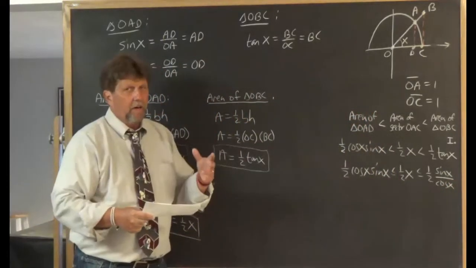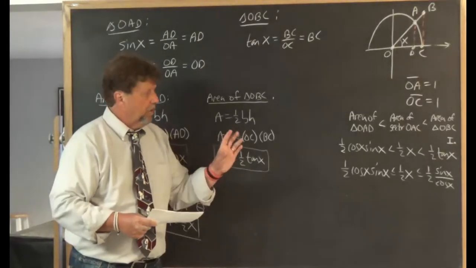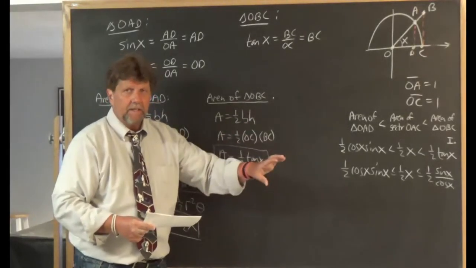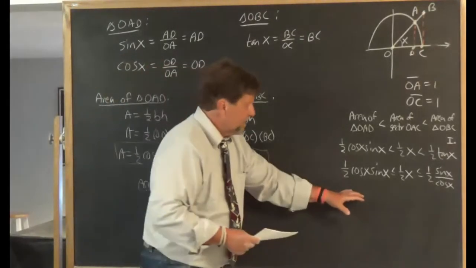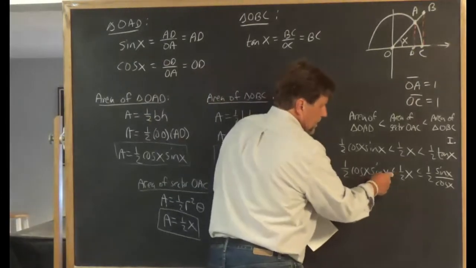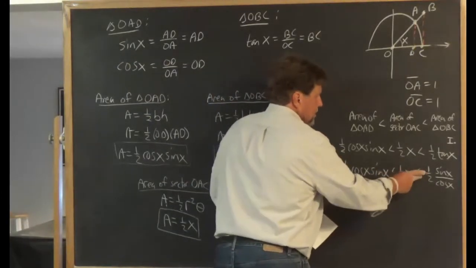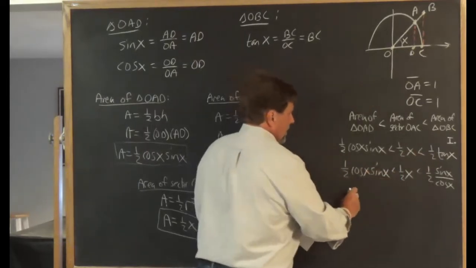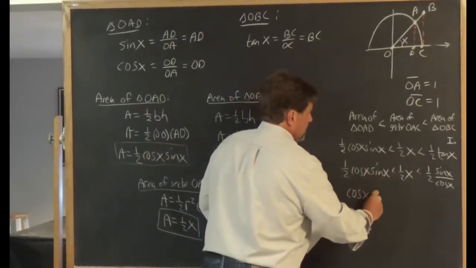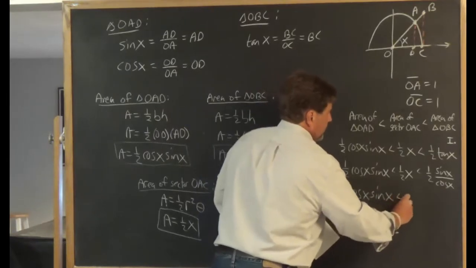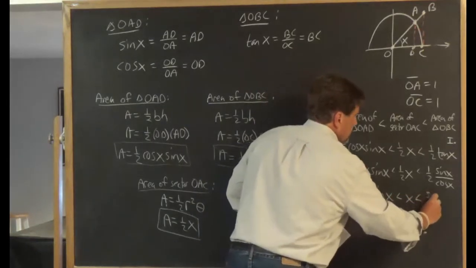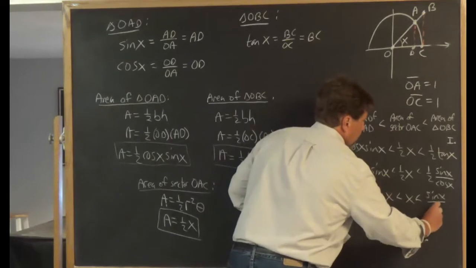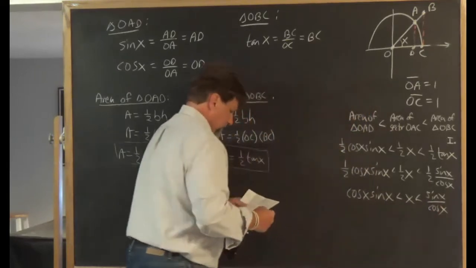I don't like all those fractions in there, so let me multiply each piece of this compound inequality by 2 to get cosine x sine x is less than x is less than sine x over cosine x.